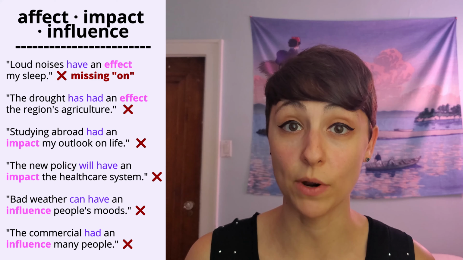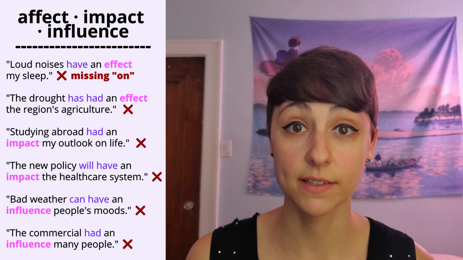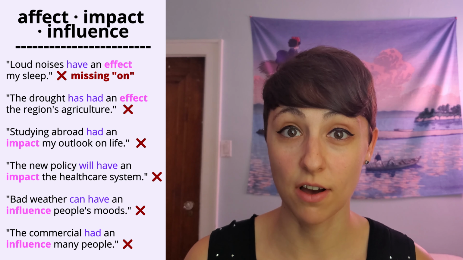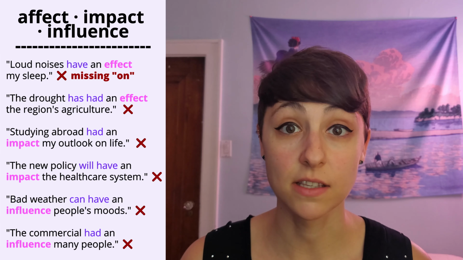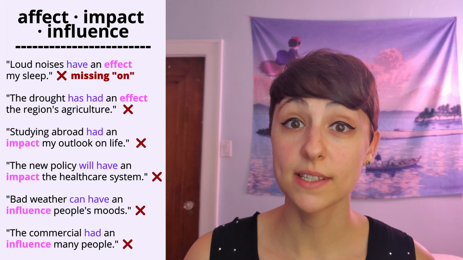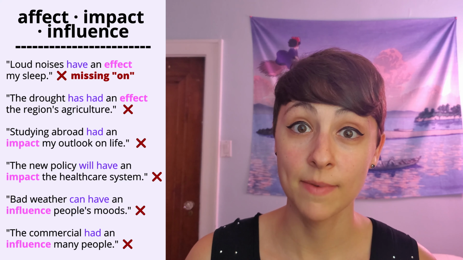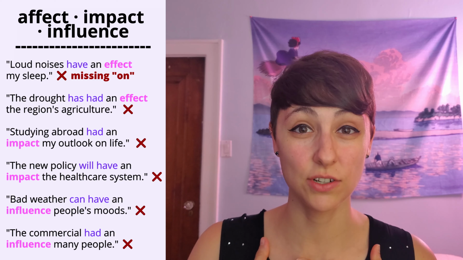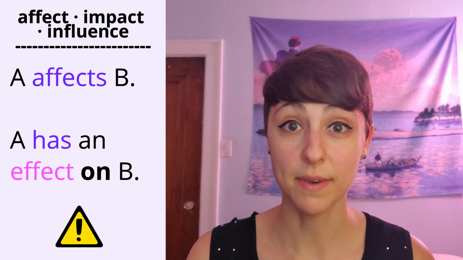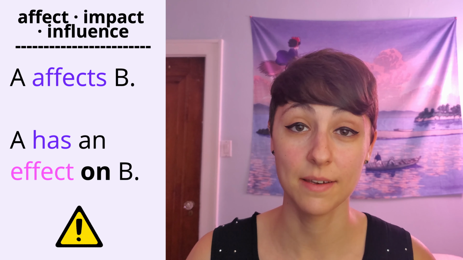So the key point is that effect, impact, and influence do not need to be followed by the preposition on when they're used as the verb in the sentence. But when they're used as nouns and to show the relationship between them and what's being changed, you should use on. A affects B, or A has an effect on B.